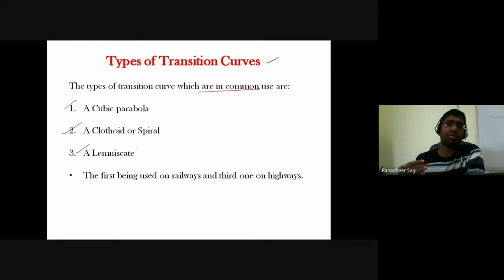We are not going into much detail of all this, the reverse curve or transition curve, or rather the next one, the vertical curve. We are just trying to have an insight into these particular types of curves. The first type of curve, that is your cubic curve, is mostly preferred in the case of railway track alignment, and the last one is most preferably used in the case of your roadways.